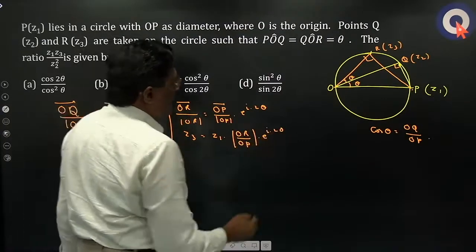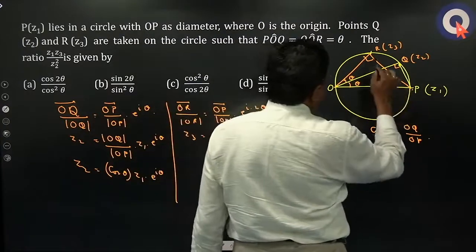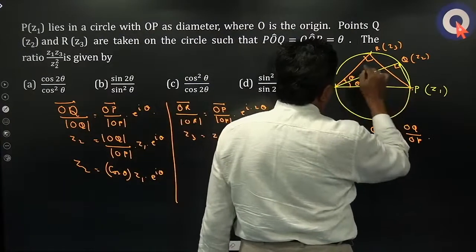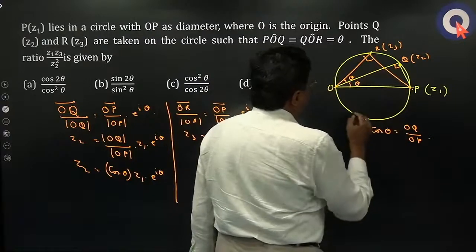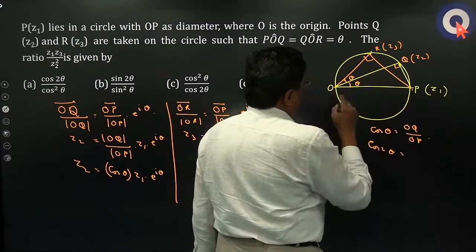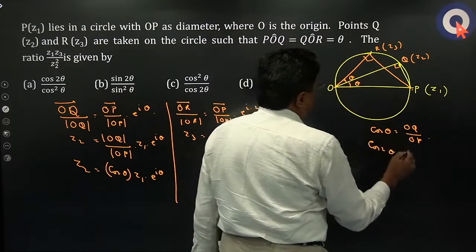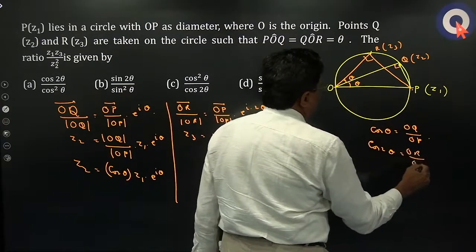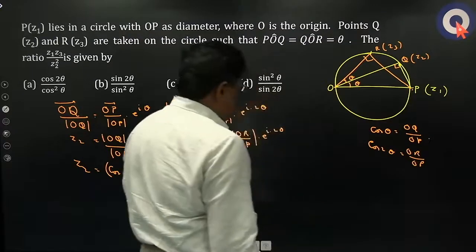Now OR by OP, if I consider the triangle OPR, even this is a right angle triangle. So if I consider cos 2 theta, this is OR by OP. So OR by OP is now cos 2 theta.